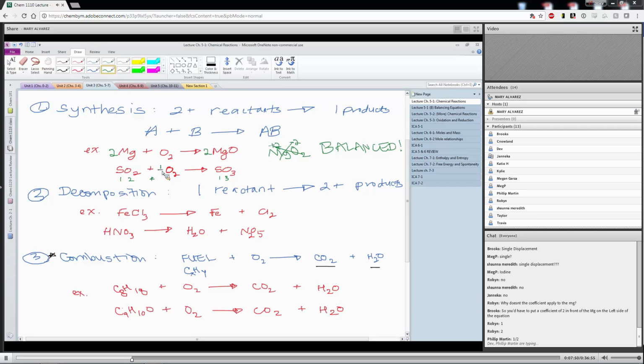If I put a 1/2 here, then 1/2 times 2 will equal 1. So now I've got 1 sulfur atom on the left, 1 on the right. 2 plus 1 oxygen atoms on the left, 3 oxygen atoms on the right. This is perfectly balanced.